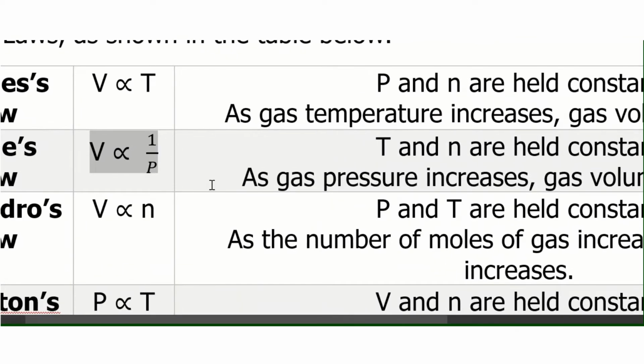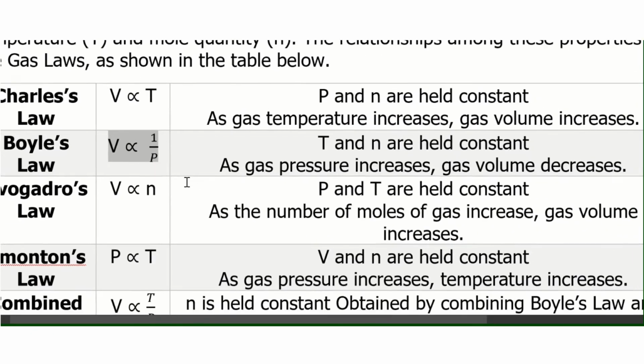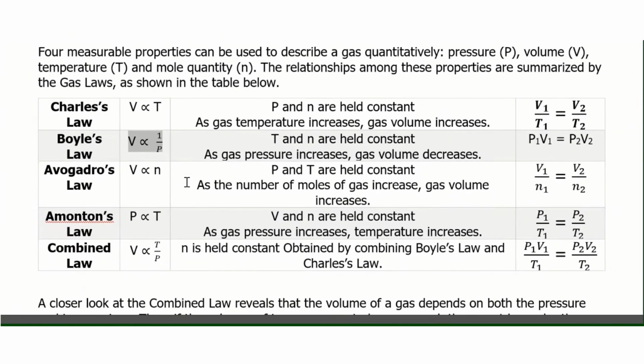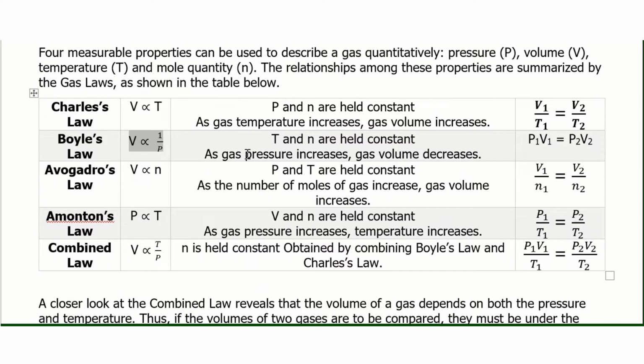Notice that it has V on one side and then 1 over P on the other side. What that is telling you is that the relationship between these two properties is indirectly proportionate. So as gas pressure increases, gas volume will decrease.